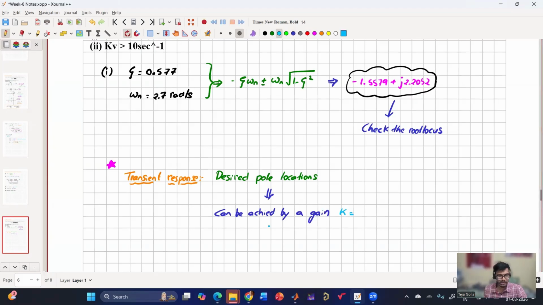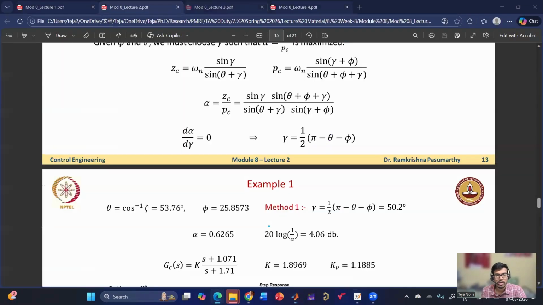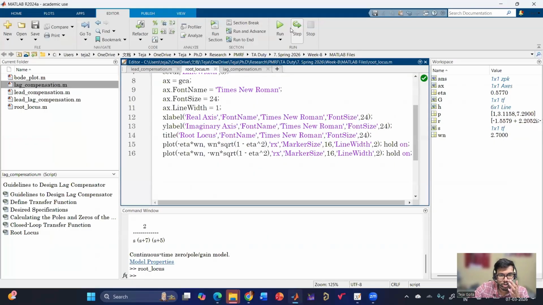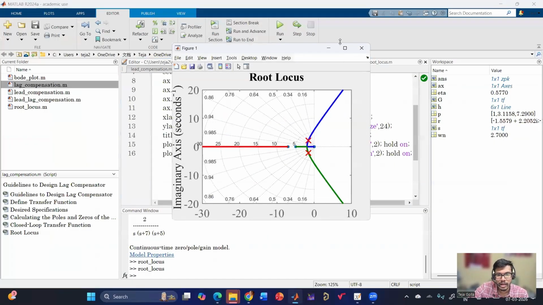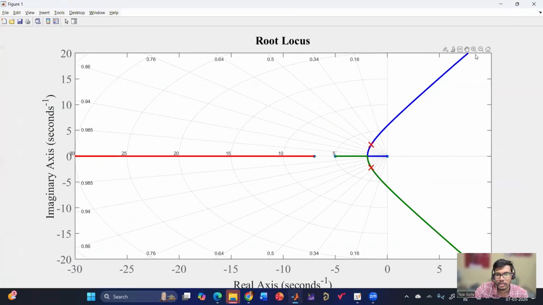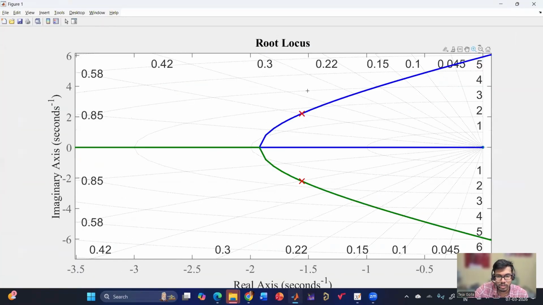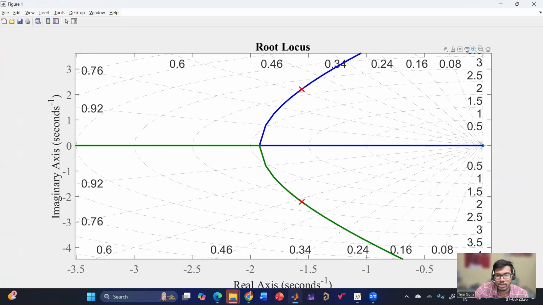is equal to, how much did we get? 32.4. Oh, sorry, I think I have closed it. Let me rerun it, and then let me zoom in to that point. Yeah. So it is lying on that. So what I will be doing is I'll just calculate that point. 32.4.